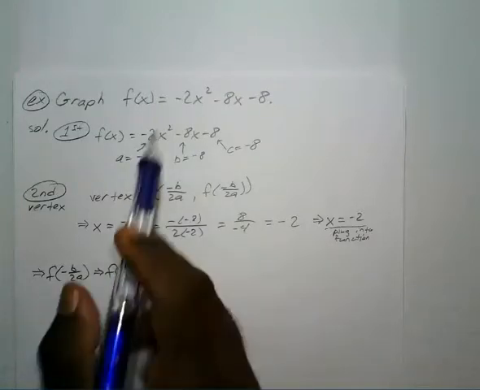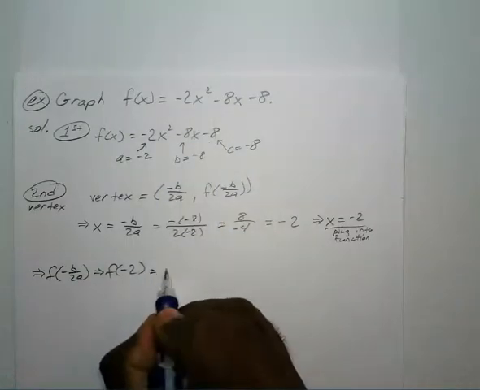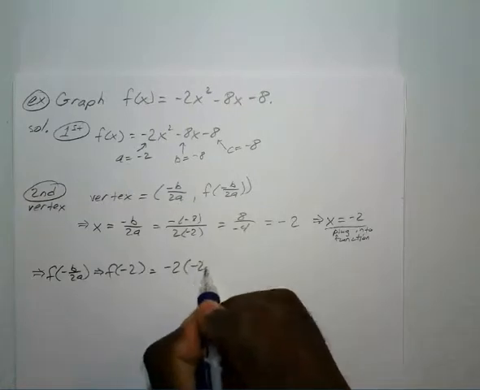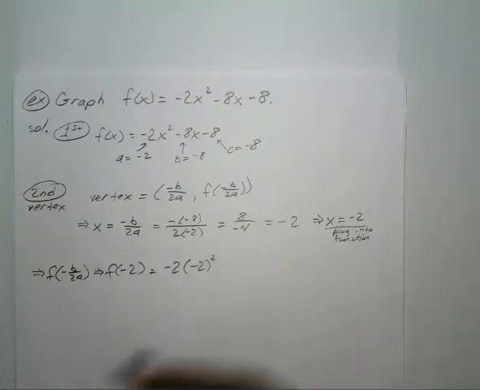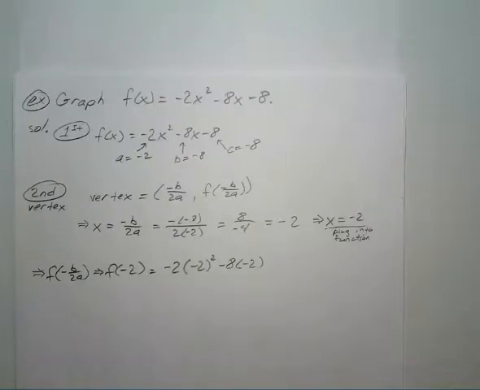If we replace every x with negative 2, that's going to be negative 2 times negative 2 squared minus 8 times negative 2 minus 8. So that's our f of negative 2.